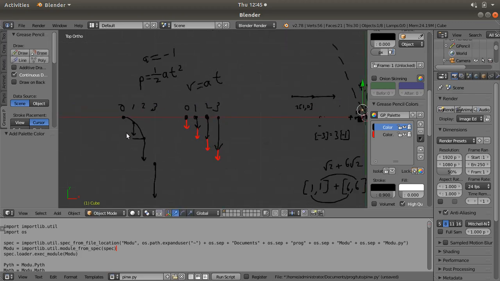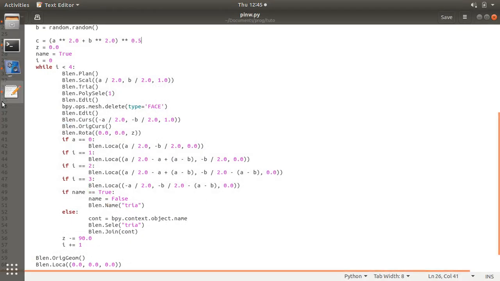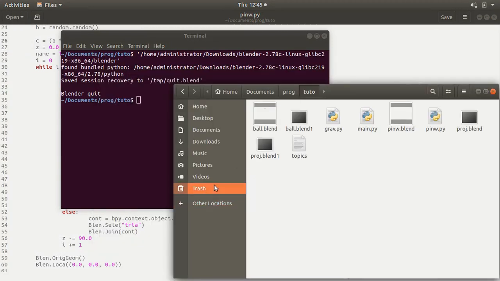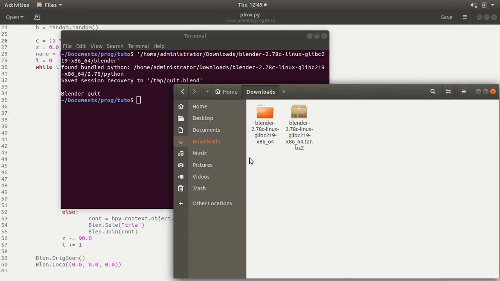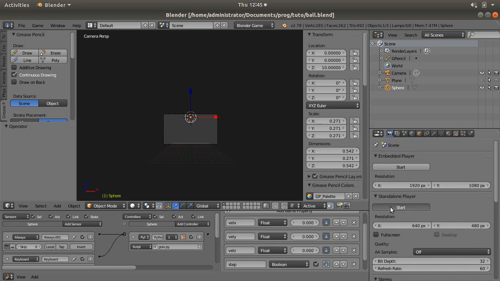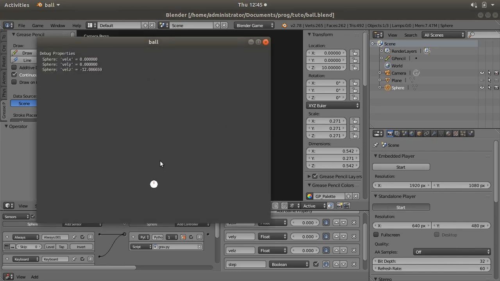So I have a script of this bouncing ball that I can show. And it's just a ball or an object or whatever falling under gravity.